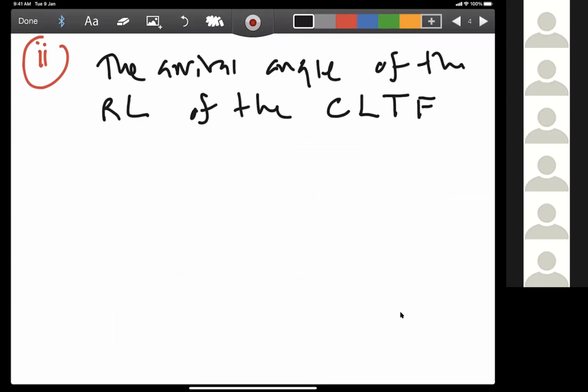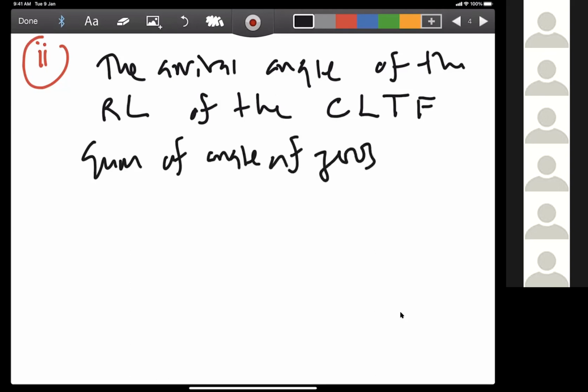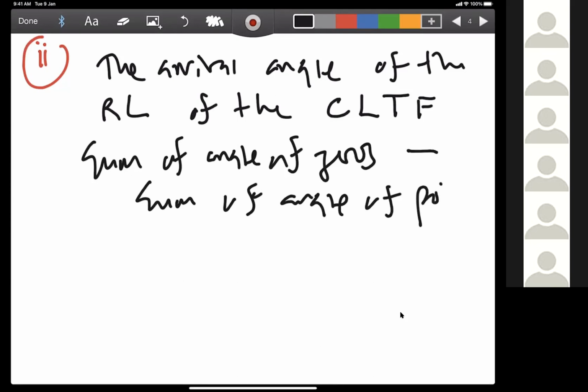So what is the formula to find the arrival angle? The sum of angles of zeros minus the sum of angles of poles. That is the formula.